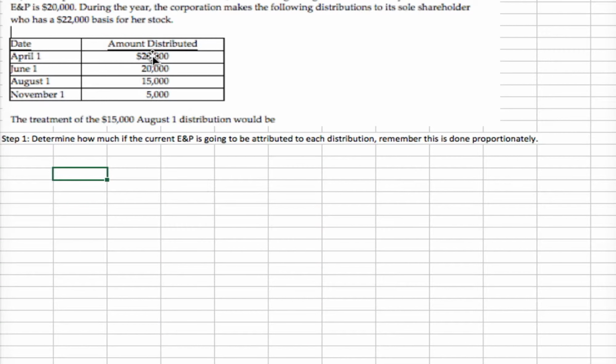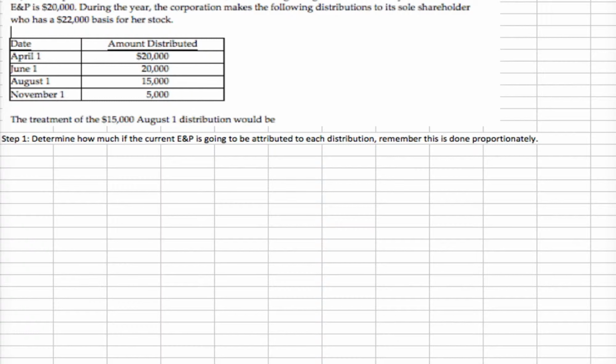Instead, we need to look at the total for the year, find what percentage of that total each distribution is, apply that percentage to the current year earnings and profits, and divide that $20,000 proportionately between these four distributions.